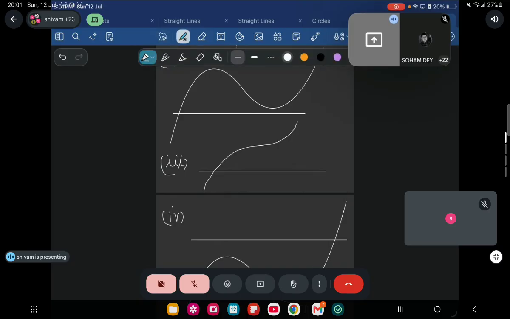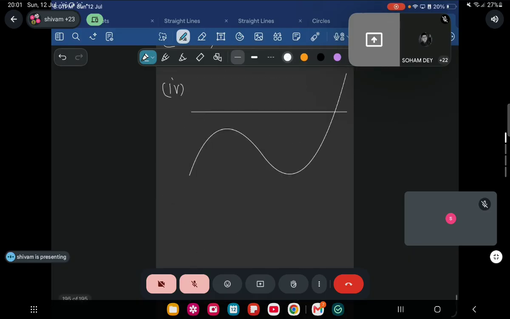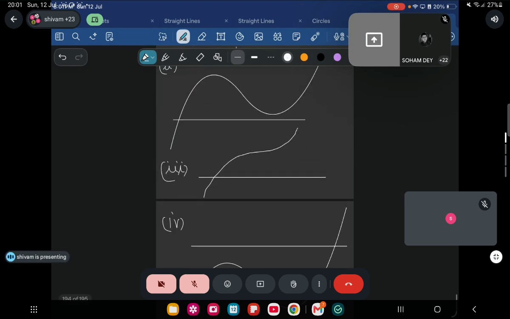Tell me. This is another way that the graph can look like. Okay, there are some more different cases, but currently I am focusing on these 4 cases. So it can also cut it at 2 points. Yes. I'm saying that there can be more cases. But if you understand these 4 cases, you will be able to interpret what will happen in those cases.